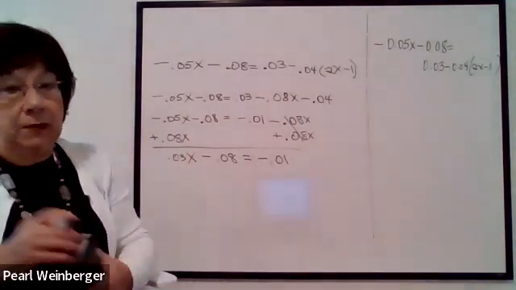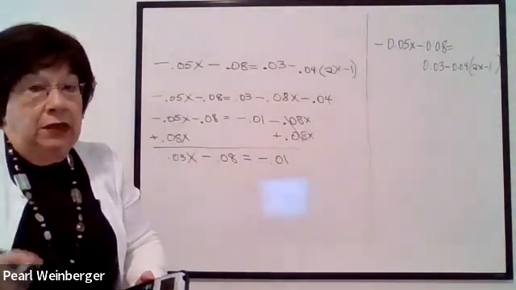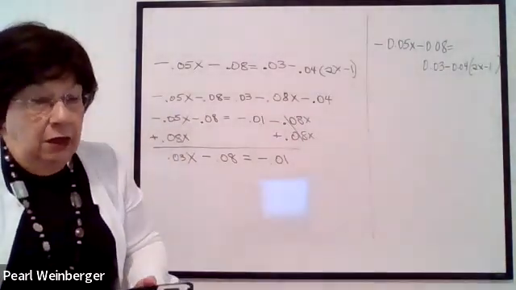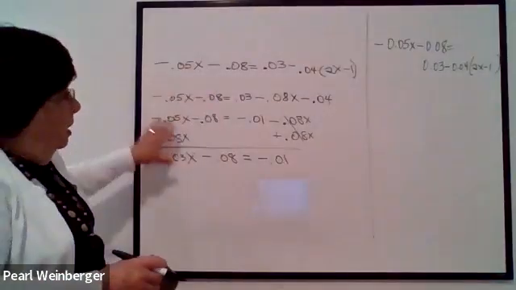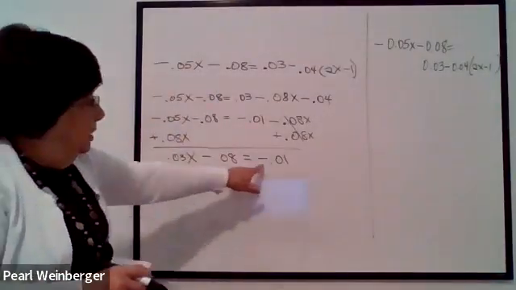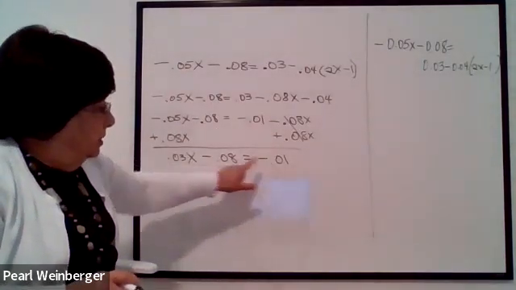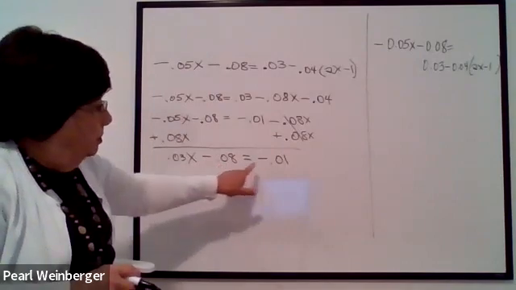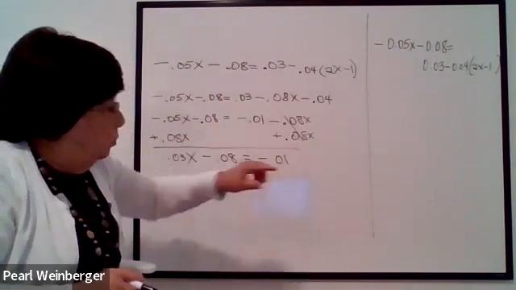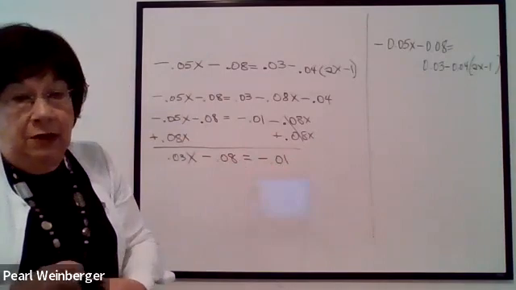Remember, there's a very big difference between the negative sign and the subtraction sign. When we use it on the board or when we write something, this looks exactly like this. This means subtract 0.08. This means negative 0.01. Effectively, they mean the same.